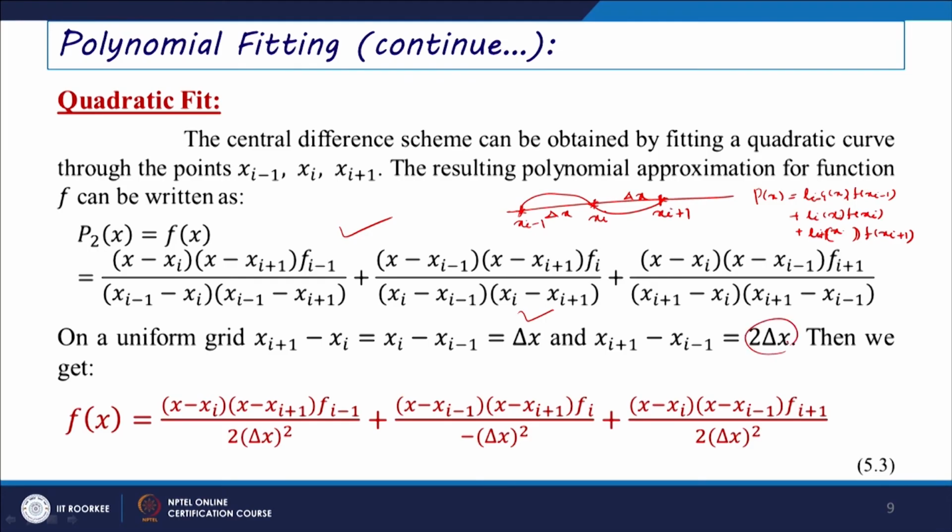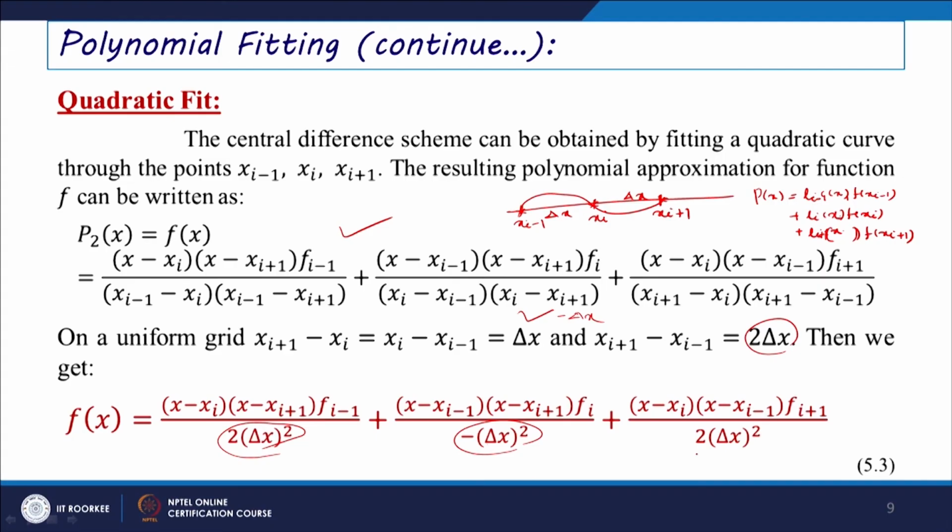So xi minus 1 minus xi is minus del x, and xi minus 1 minus xi plus 1 gives minus 2 delta x. Combined, it gives 2 delta x square. Similarly, xi minus xi minus 1 is delta x, but xi minus xi plus 1 gives minus delta x, so this gives minus delta x whole square.